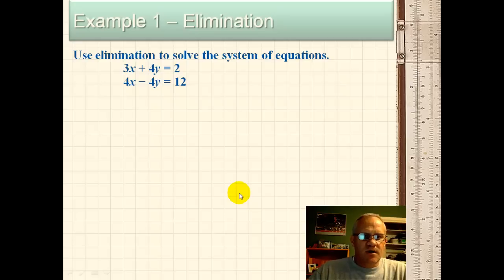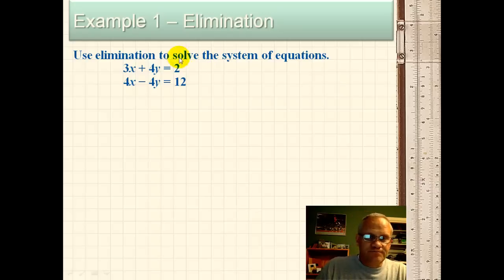So let's take a look at this one first of all. We want to use elimination this time. And so remember, what I said before was we're looking for a variable that we can cancel out if I add them together. And so in this case, I look at that and go, well, hey, look, I've got a positive 4y, and I've got a negative 4y. So they're already opposites of each other, so if I add them together, they'll cancel out.